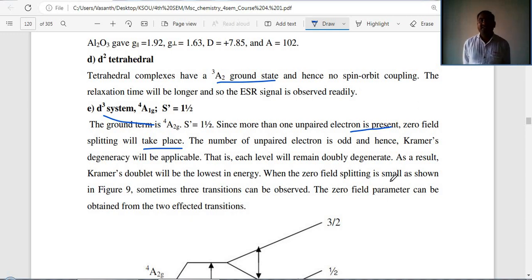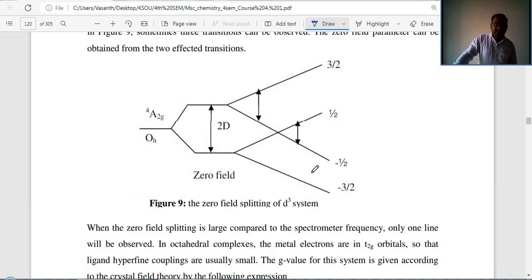That is, each level will remain doubly degenerate. As a result, the Kramers doublet will be the lowest in energy when the zero field splitting is small, as shown in the figure of this d3 system.